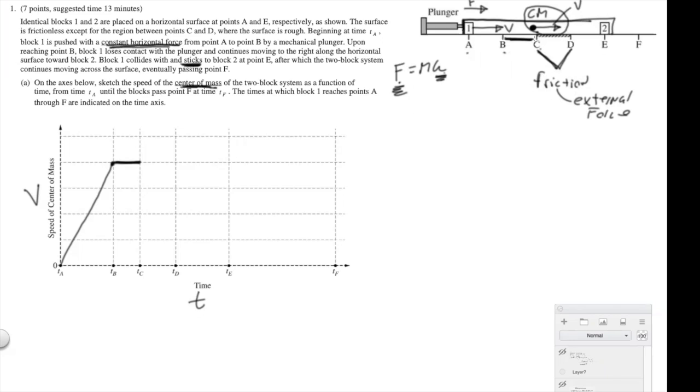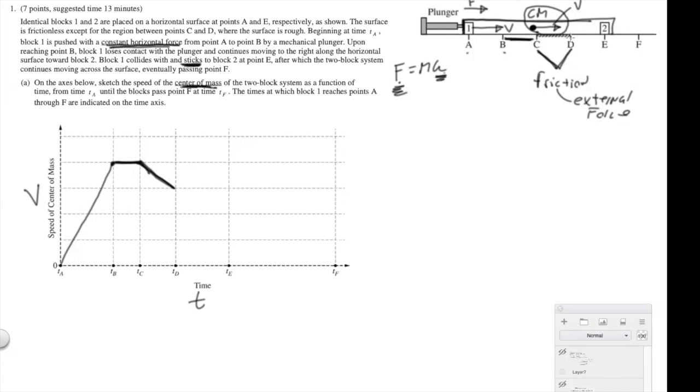So that's going to cause a decrease in velocity for block 1, which is going to cause a decrease in velocity for the center of mass. If the frictional force is constant, there's going to be a constant deceleration of the velocity of the center of mass. Okay, and that takes us to point D.